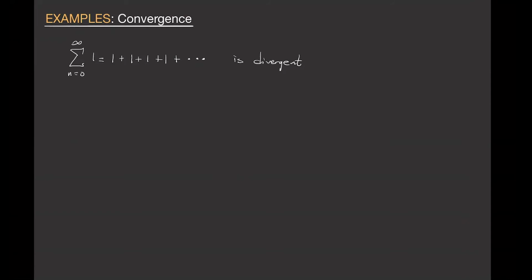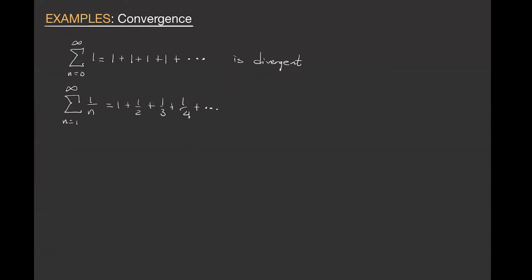The same is true for this series. If you have, let's say, 1 over n, and n starts at 1, this looks like 1 plus 1/2 plus 1/3, and so on.